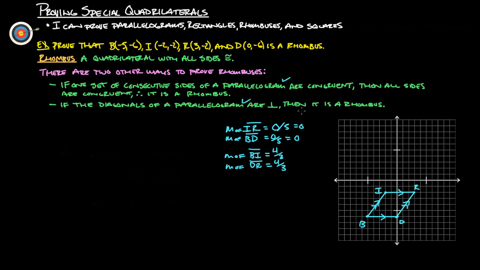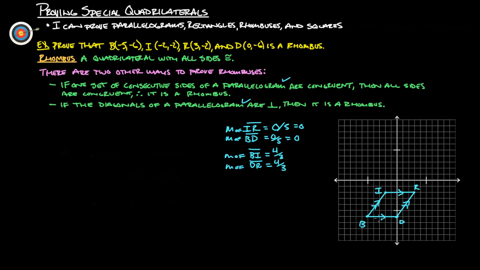Now we either have to show that the diagonals are perpendicular, by finding their slopes and seeing if they multiply to -1, or find the distance between two consecutive sides and show they're the same.